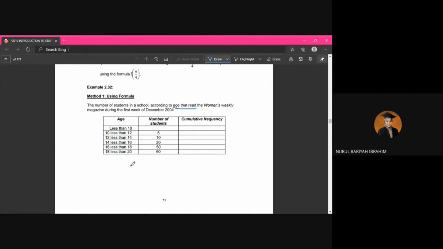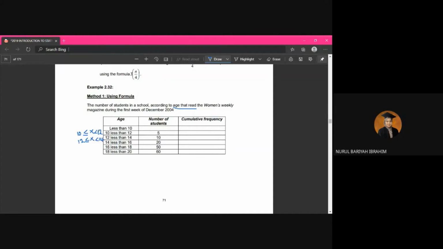Here they have made the lower boundaries and also the upper boundaries. Actually the data looks like this: I put it as X more than or equal to 10, less than 12, X more than or equal to 12, less than 14, and so on.